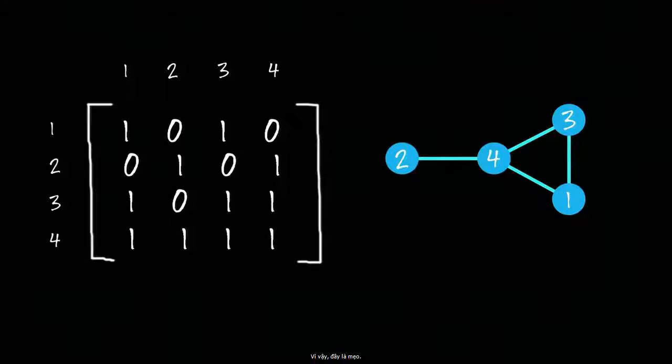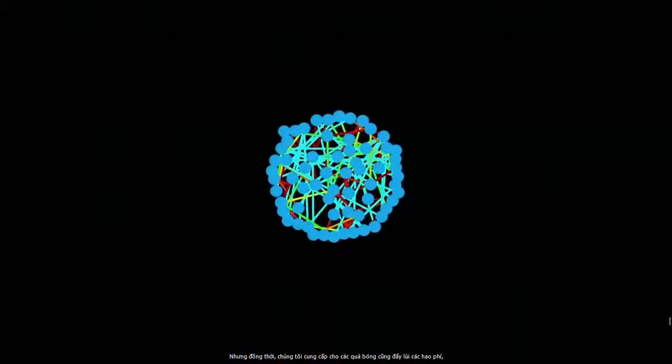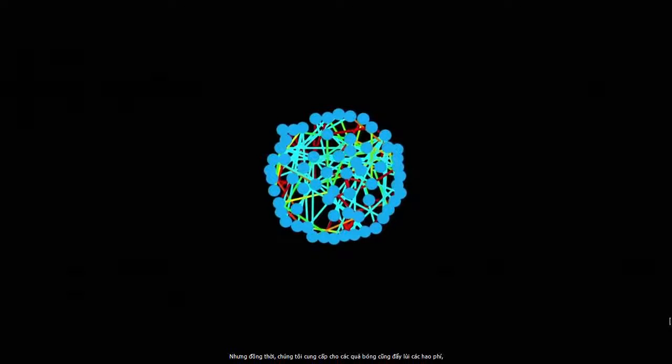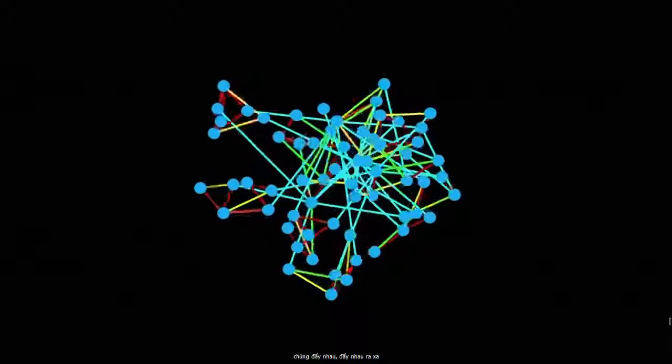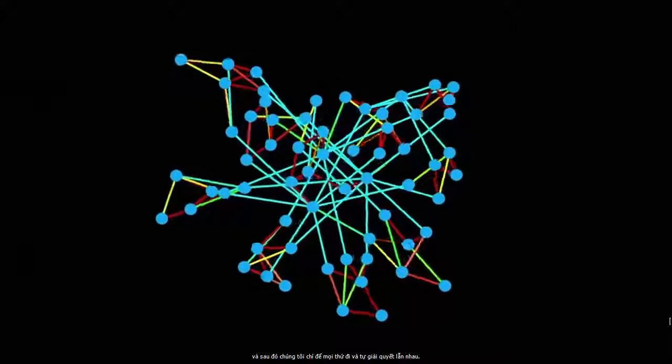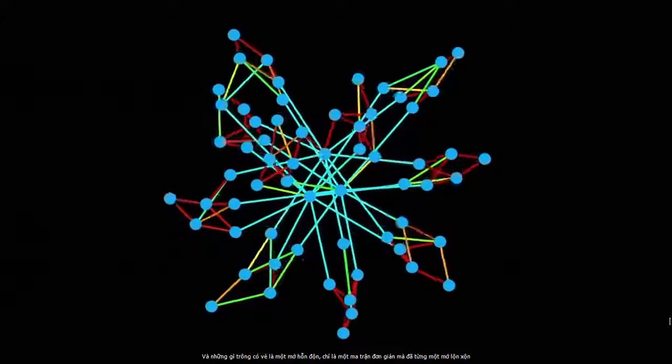So here's the trick. Whenever there is a link between these 2 balls, we imagine there is a spring that pulls these balls together. But at the same time, we give the balls also repelling charges, so that when they're not connected by a link, they repel each other, push each other away. And then we just let things go and sort themselves out.